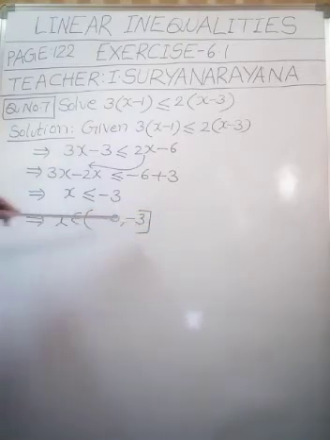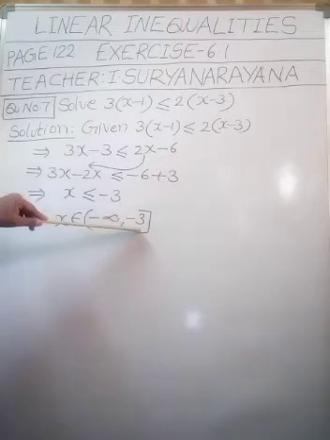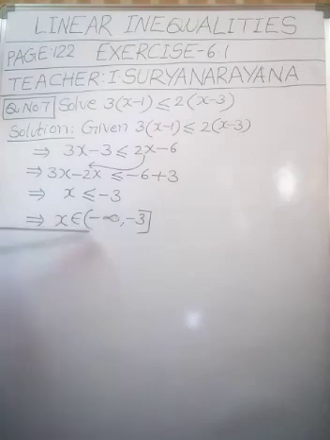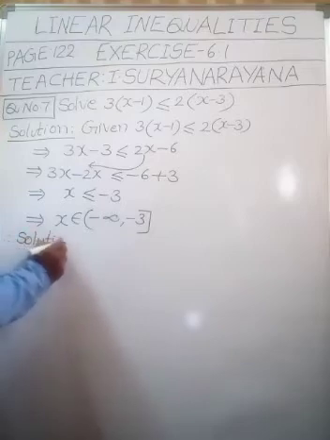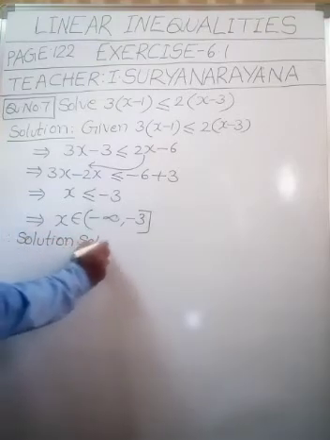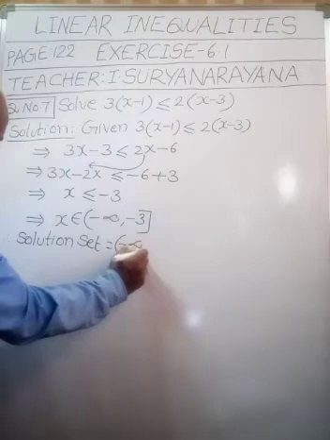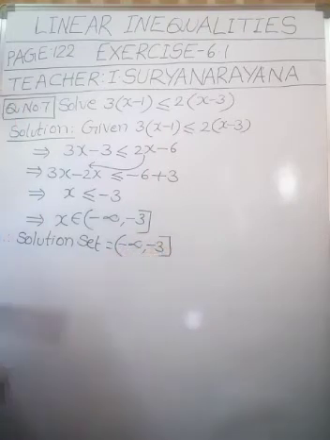All the real numbers less than or equal to minus 3. Okay, my dear children, understood this solution set. This is the solution set. Therefore, in the interval form, we wrote all the real numbers that satisfy this inequality. Okay, my children, understood?